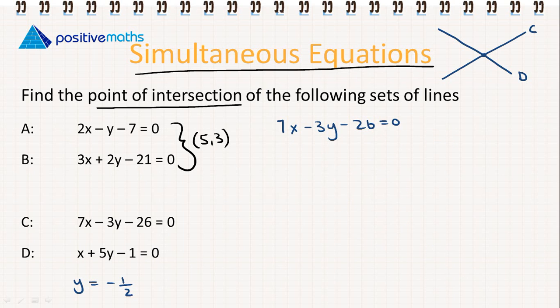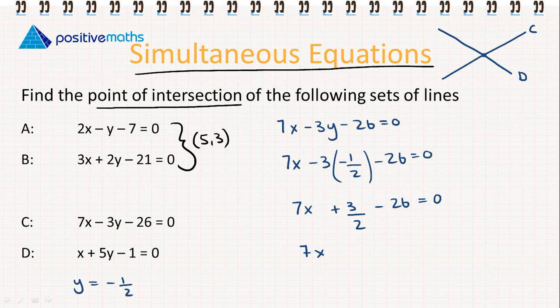The next step is to find the x value. We pick one of the equations and substitute in what we found for y. So we have 7x minus 3 multiplied by minus a half, minus 26 equals 0. So I have 7x plus 3 over 2 minus 26 equals 0.